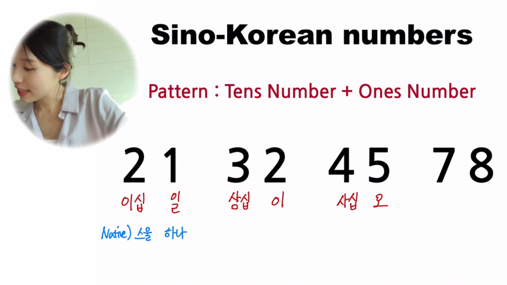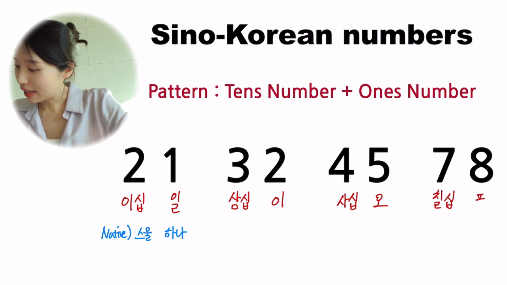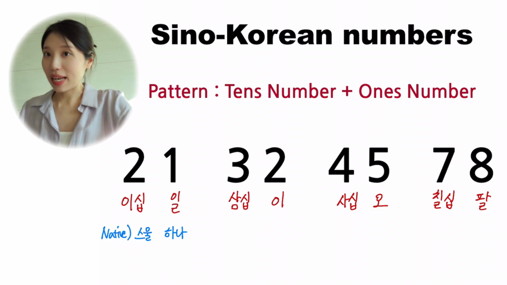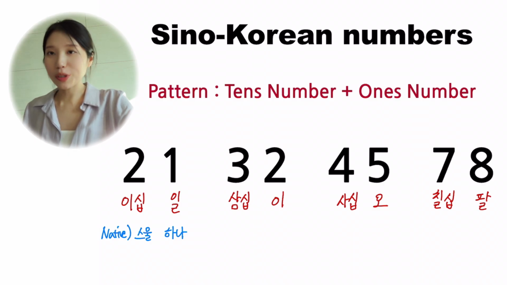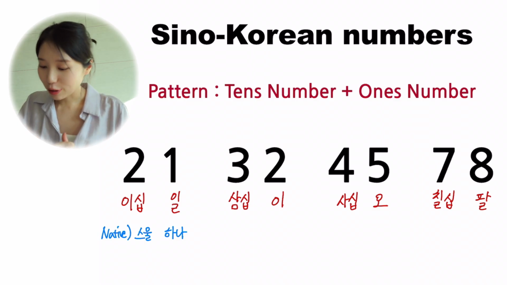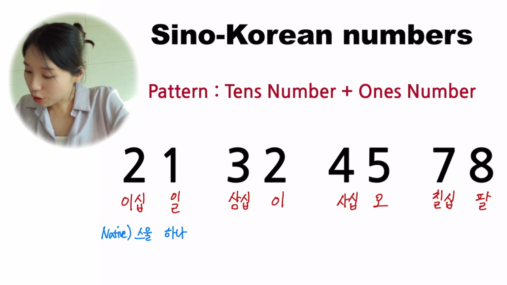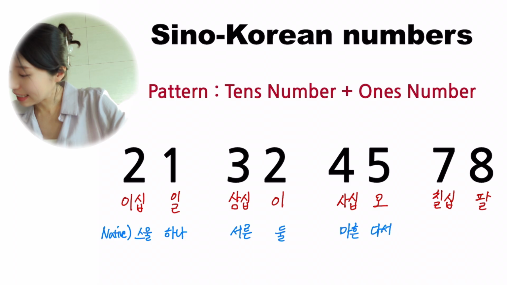And 78. 70, 칠십. And 8, 팔. 칠십팔. At this point, let's compare the Sino-Korean numbers versus native Korean numbers. So 21 was 스물하나, and 32, 30 has a special name. 32, 45, 78.